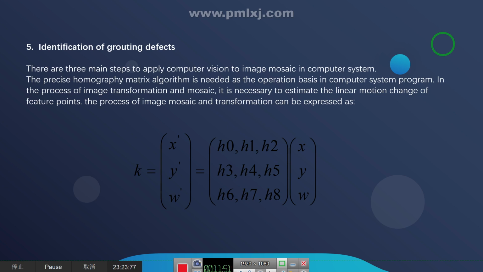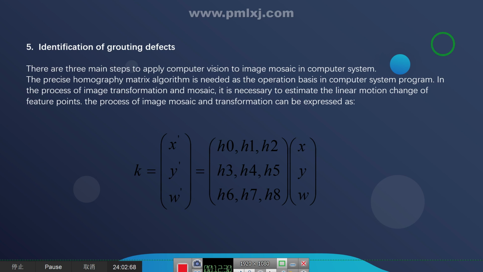5. Identification of grouting defects. There are three main steps to apply computer vision to image mosaic in computer system. The precise homography metric algorithm is needed as an operation basis in computer system program.